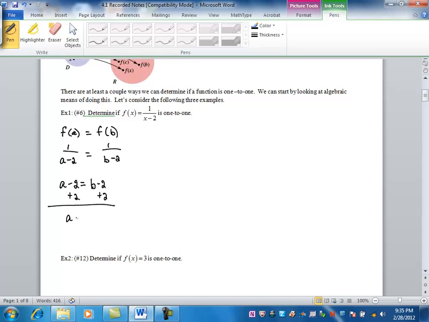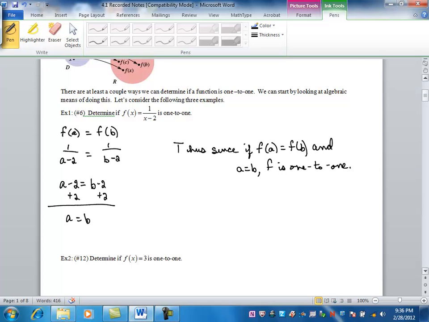We add 2 to both sides, a equals b. Thus, since if f of a equals f of b then a equals b, f is one-to-one.